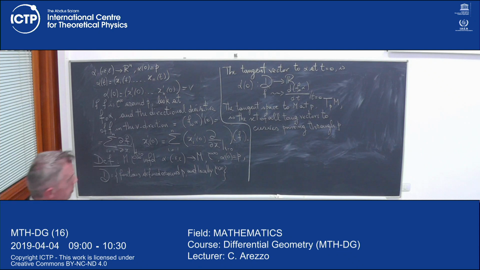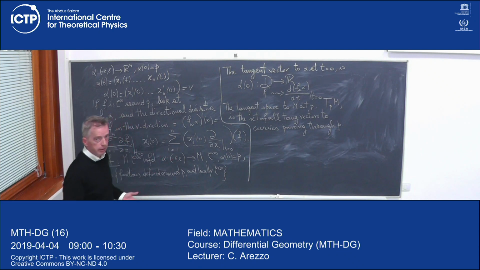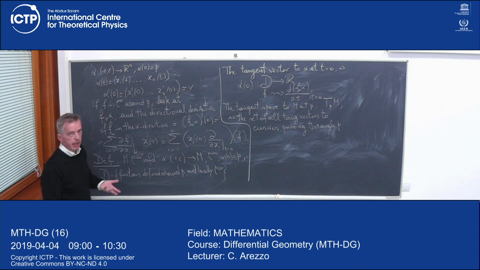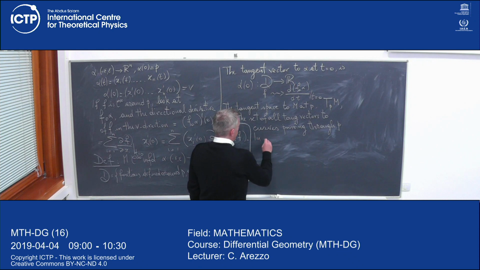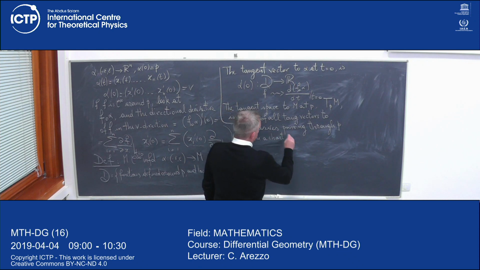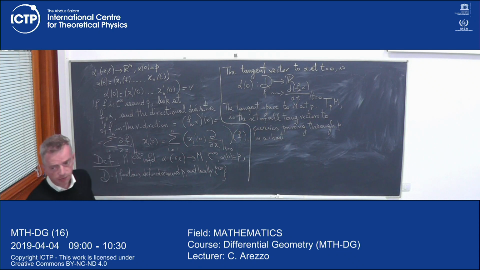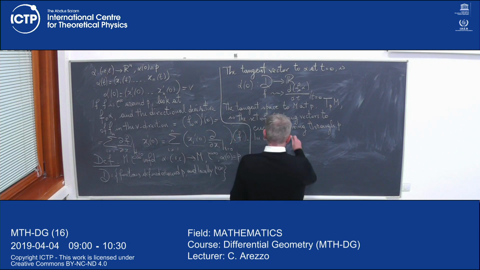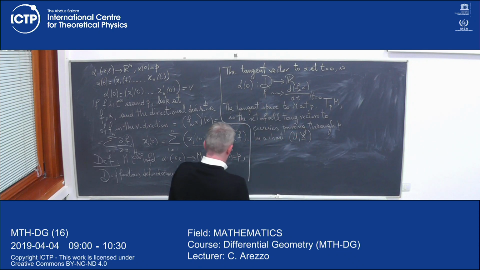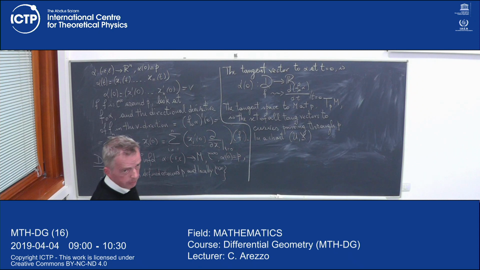Let's go back, let's use charts, okay, to see what is the local representation of a tangent vector. In a chart means now I suppose that the image of alpha is contained in some chart, U, X. Well, actually, this is again exactly the same computation we did for surfaces.